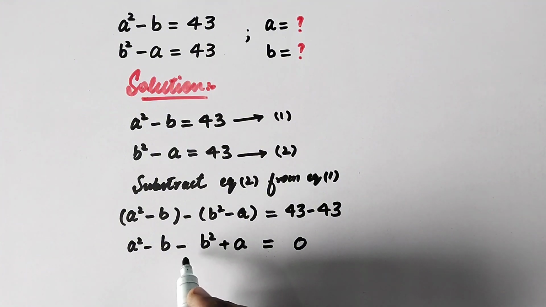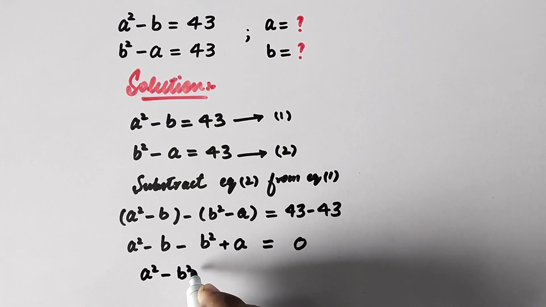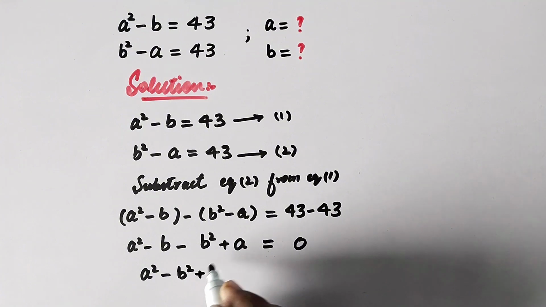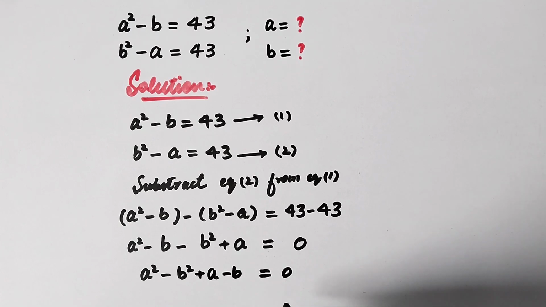Or by rearranging, the equation will be equal to a squared minus b squared plus a minus b equal to 0.